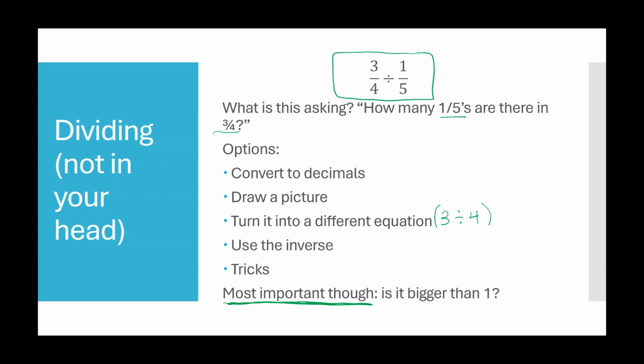If you can, then your answer is going to be bigger than 1 because you can fit at least 1 in there. If a 1/5 was bigger than a 3/4, we wouldn't be able to fit a whole 1 in, so our answer would be less than 1. So for 3/4 divided by 1/5, because I know 1/5 is smaller than 3/4, I know I'm going to be able to fit at least 1 in there, so my answer is going to be bigger than 1.